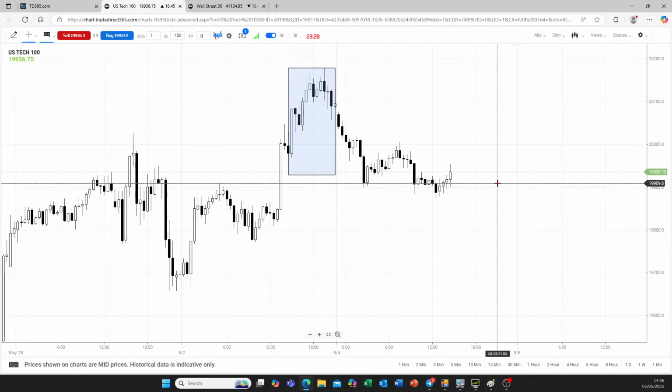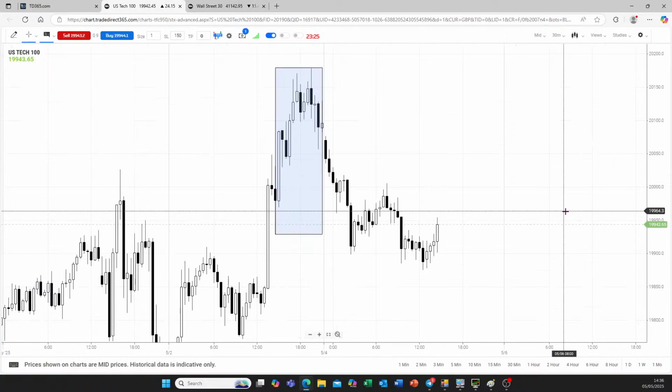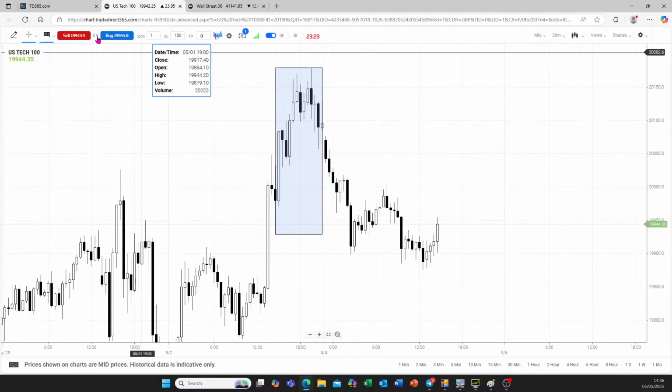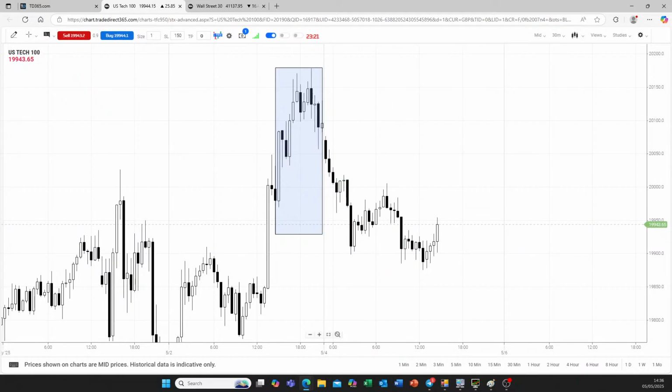And what you're then seeing subsequently is the market trading lower during the night.